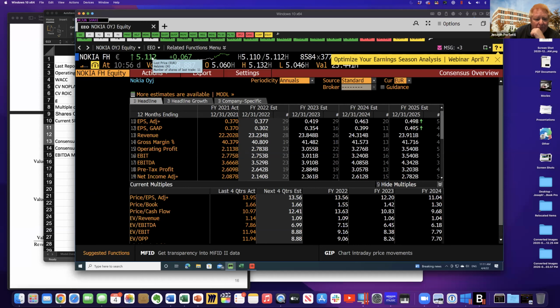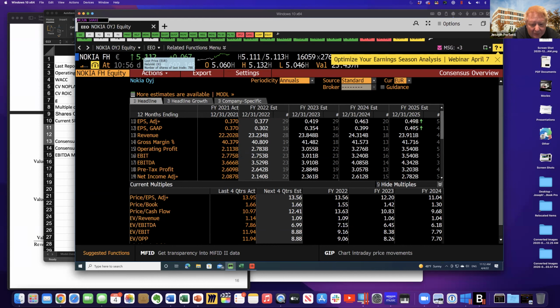So if I take 5.11 euros divided by 2023 EPS, well, that's how you get to the price to earnings ratio. 5.11 divided by 2024 EPS, that's that PE. This also creates a concept of an enterprise value. Enterprise value to EBIT is the 23 EV to EBIT multiple. So these multiples are based on that share price. So every time the share price changes, the multiples change.